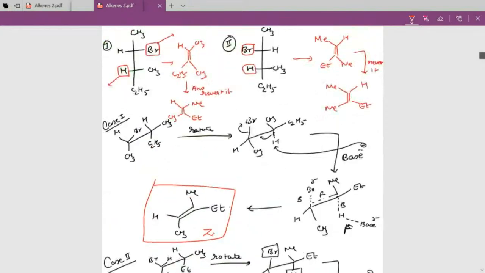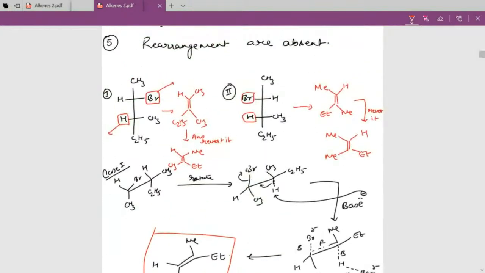So you can use this shorthand in case of fissures. The two groups which you are eliminating in E2, if E2 is antiperiplanar, then once you remove them, draw the alkene by 2D approach, and please report your answer as the opposite of the alkene that you have got. There are reasons why this is true, but you can use it directly as a shorthand.